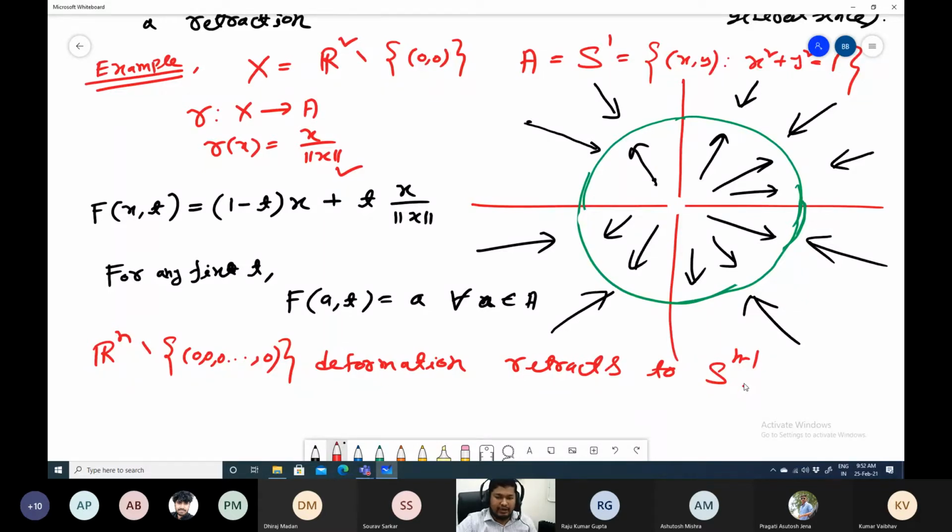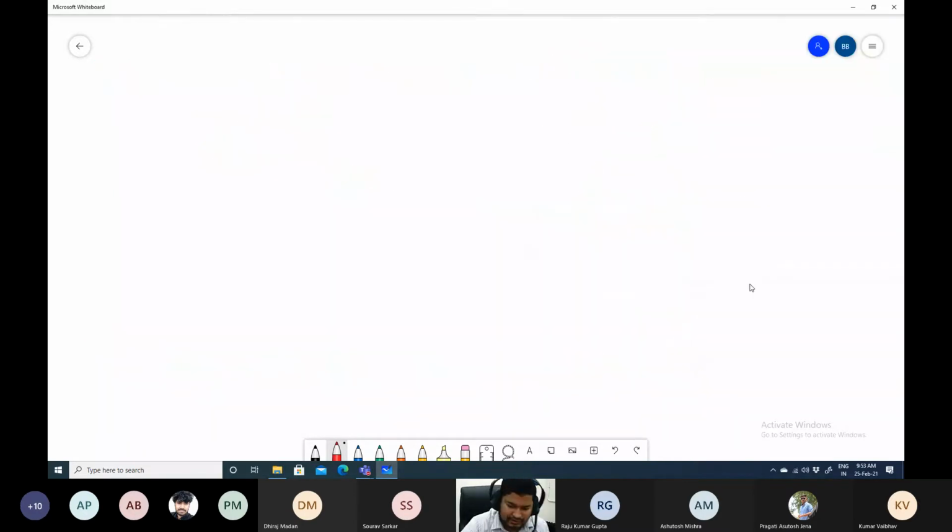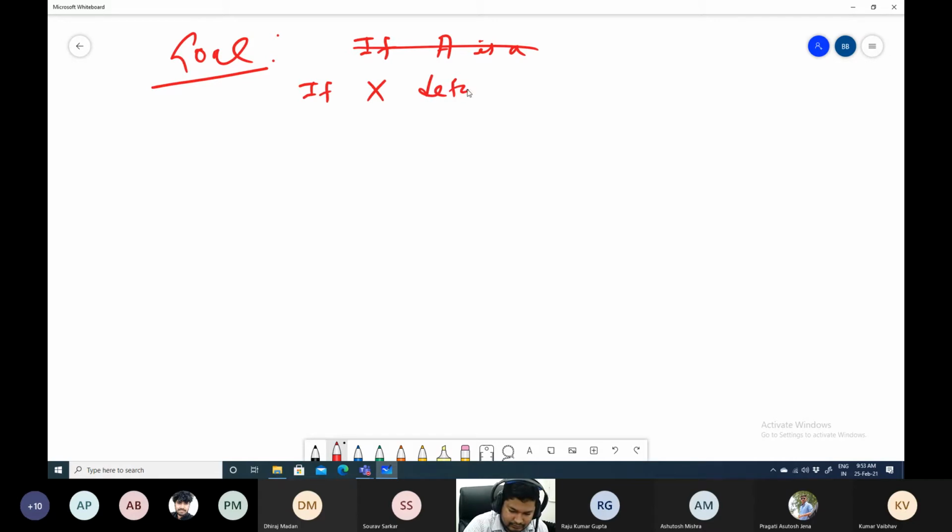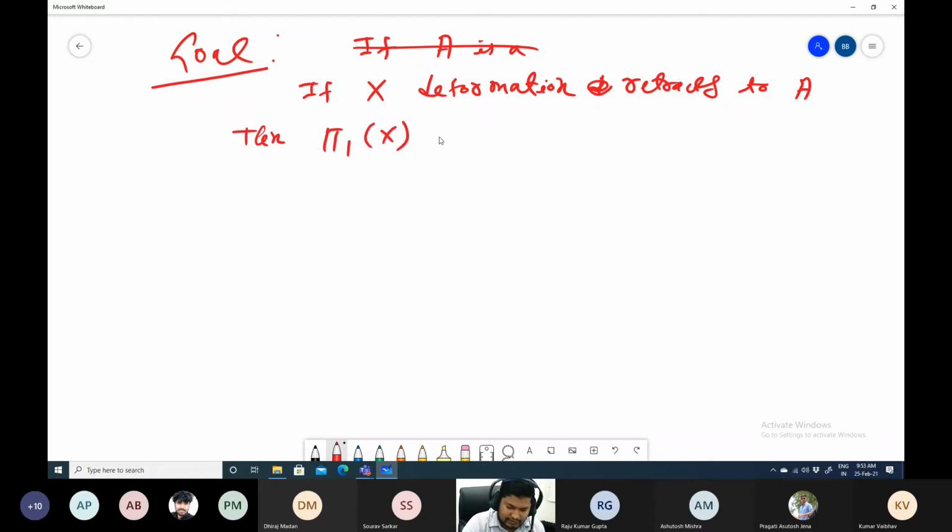Okay, so first of all, that is a very important theorem, and it is now our goal to prove that if X deformation retracts to A, then their fundamental groups are the same.